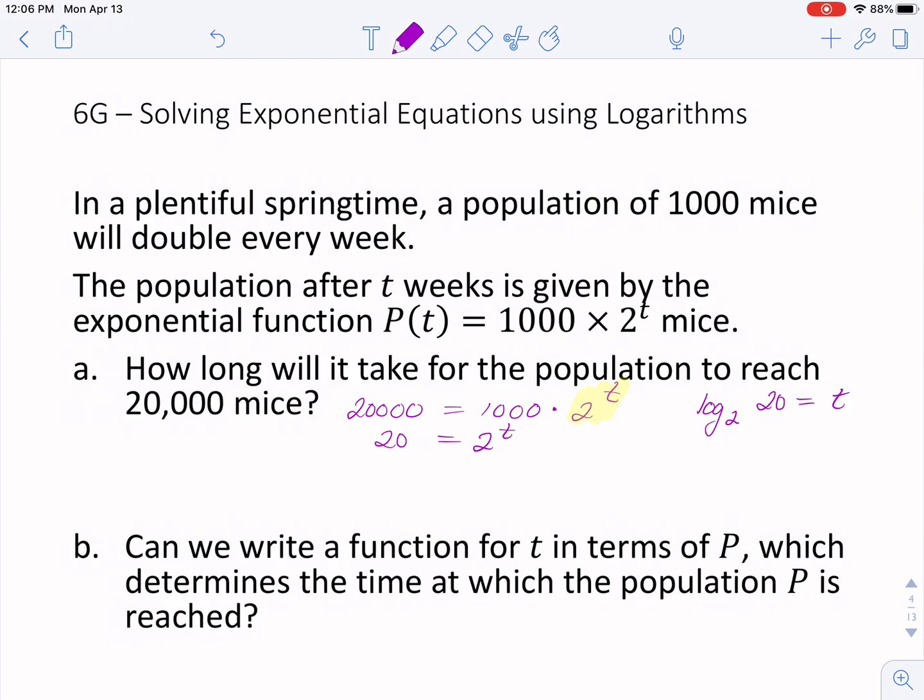Or we could use the change of base formula, which would be t is equal to the log of what we were taking, going base 10, divided by the log of the base, which is 2. The new base is base 10 that we used.